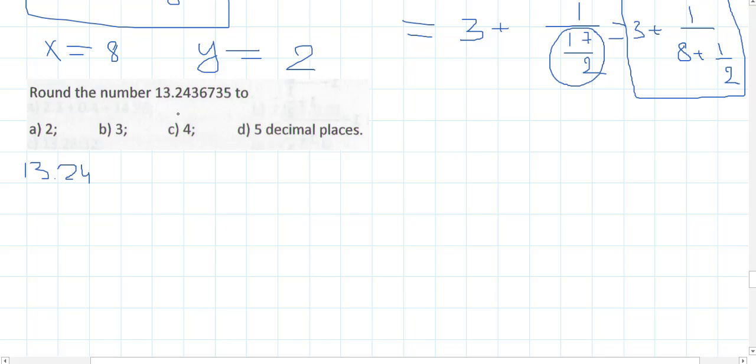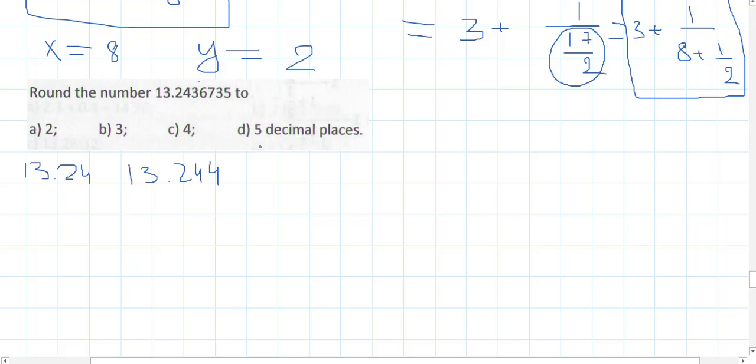If you want to go to 3 decimal places, it will be 1, 2, 3 here. Now we have 30, and after 3 we have 6, we can round up. 30.244 it will be now.